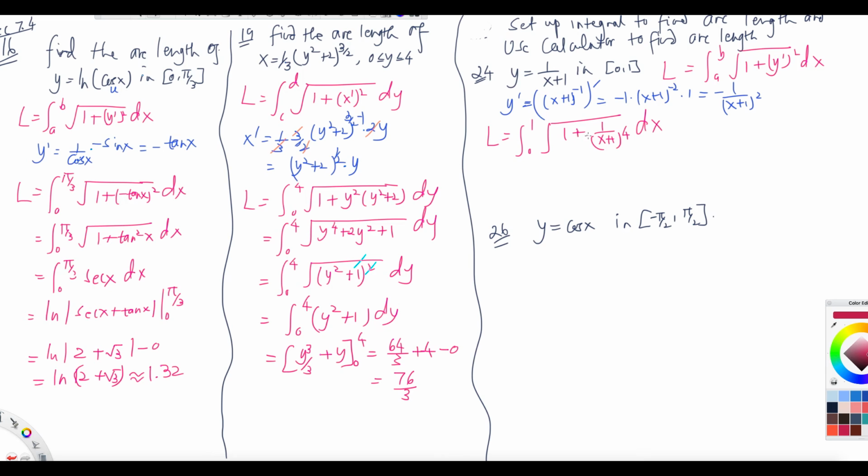So what you do is you just press math, and then go to integral. Let me make sure that I'm telling you the right thing. Okay, so math and then go to fnInt. That's what it says, fnInt.